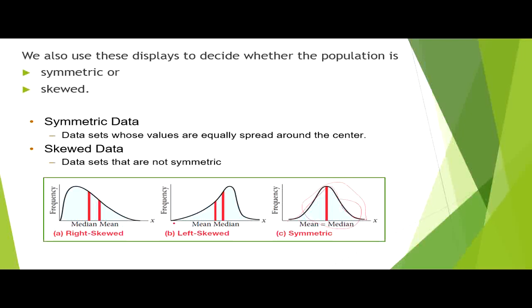If the mode is oriented toward the right, it's called left skewed. If it is oriented toward the left, we call it right skewed. There is nothing on the right, isn't it? So a normal curve will show you symmetric, otherwise it is skewed, either left or right.